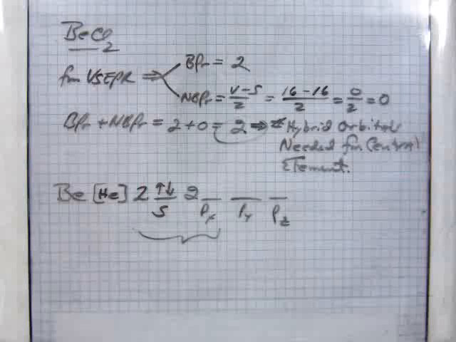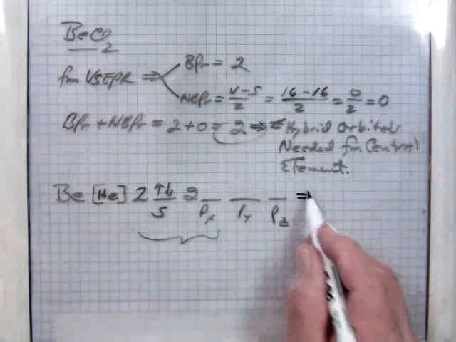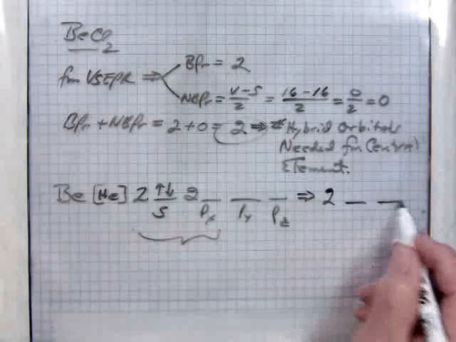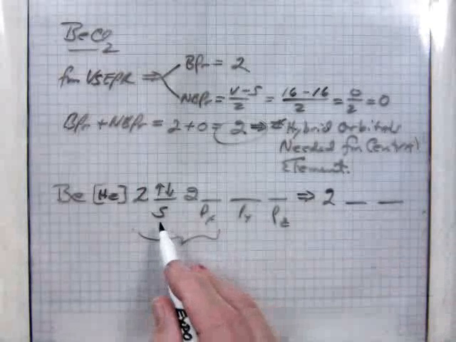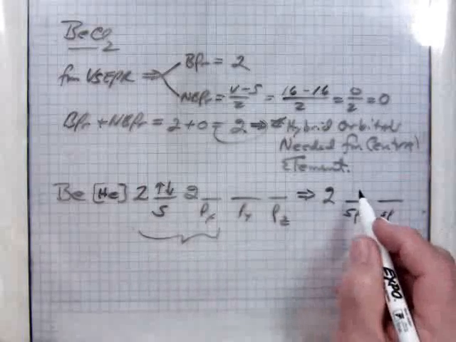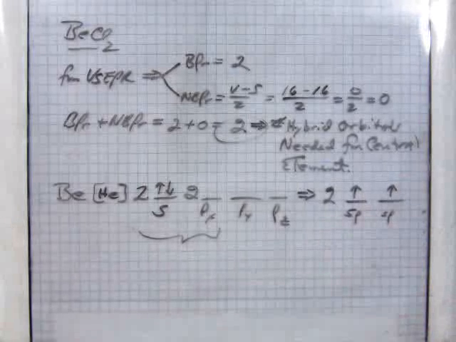Now you need 2 hybrids. That's all you need. So you take an s orbital and a p orbital from the central element's electron configuration, put that in the blender. And so what this is going to give you is, in the second energy level, 2 equal energy hybrids, and it takes 1 s and 1 p to make each one of these, and you wind up with paramagnetics.